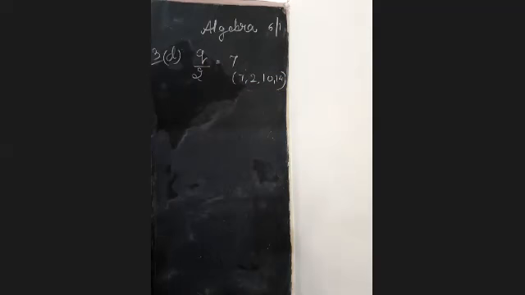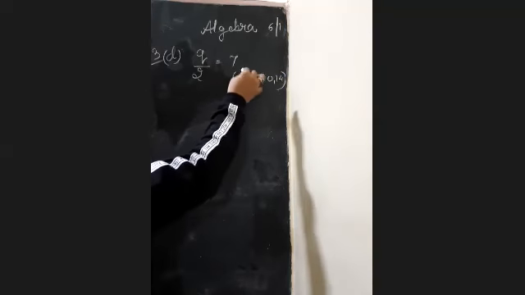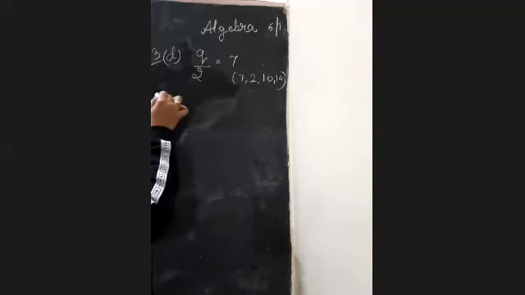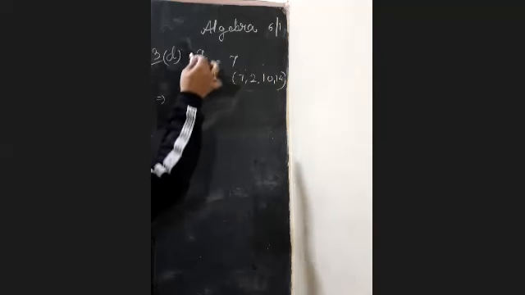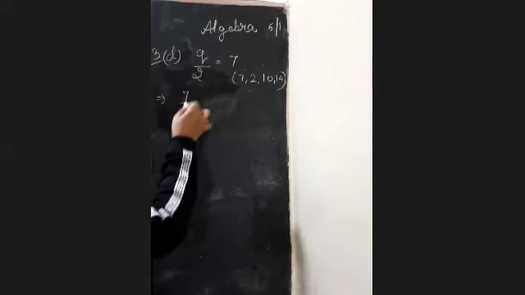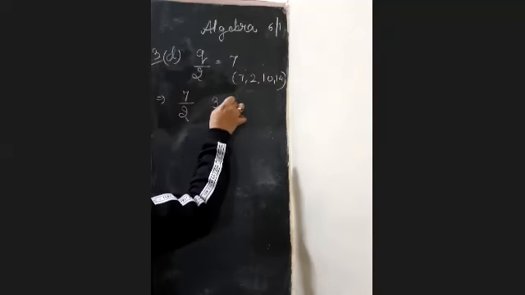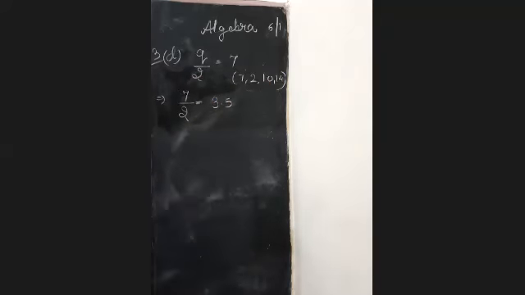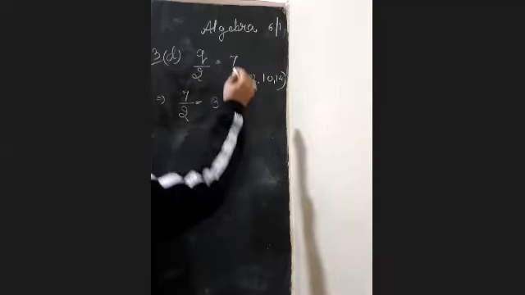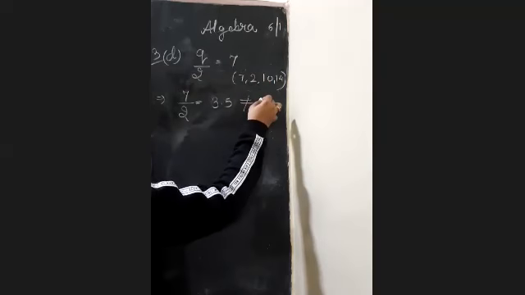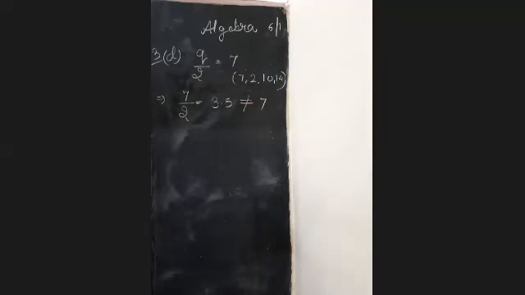First I am putting 7 in place of q, so 7 upon 2. When we solve, we get 3.5. But the answer should be 7, which is not correct. So the first value is wrong.